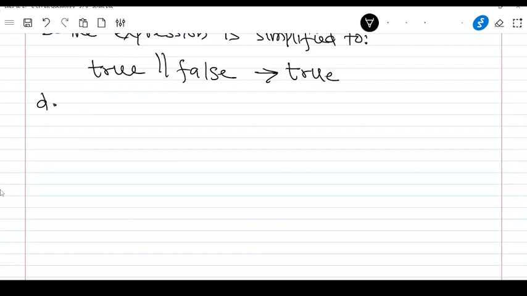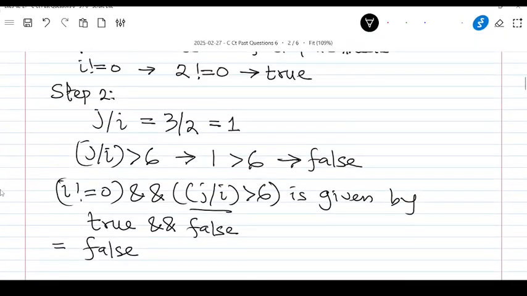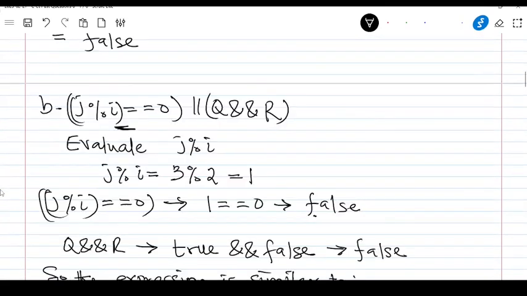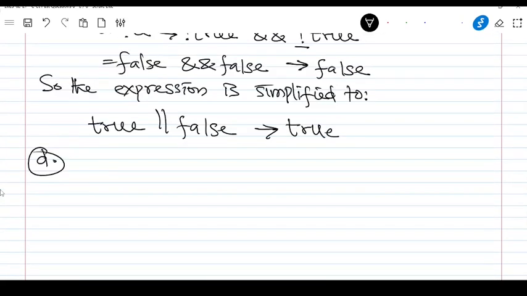So the D part we have it as what? Let me go back to that question again. We have it as P or Q and not P or not Q. So it's just similar to the first one.